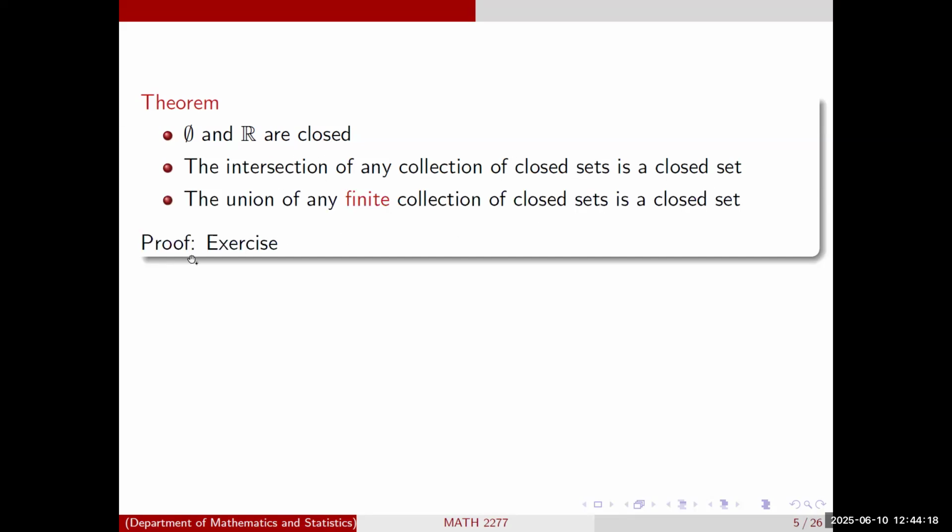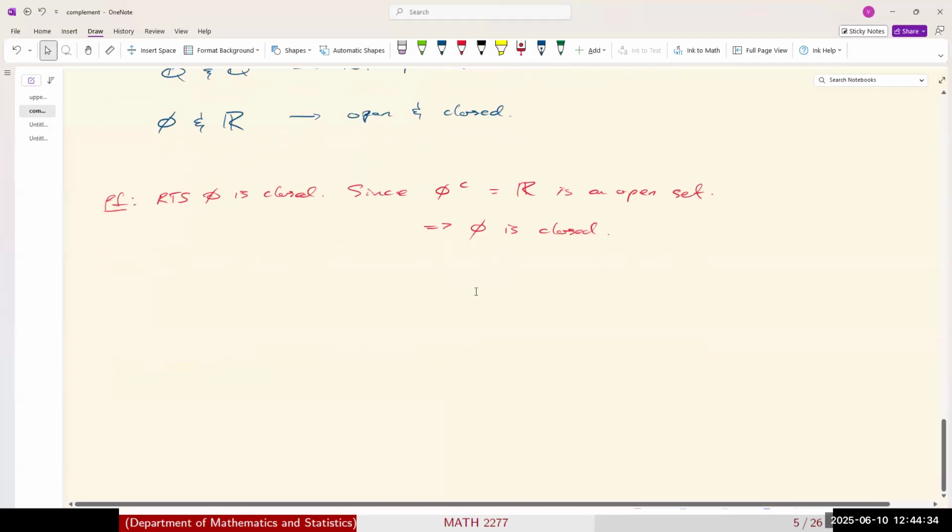And that actually gives a hint on how to prove the second and third results. The proof of these is left as an exercise, because if you look back previously, there was a theorem about open sets, about how, given open sets, to make more open sets. I'll write it here so we see them side by side.